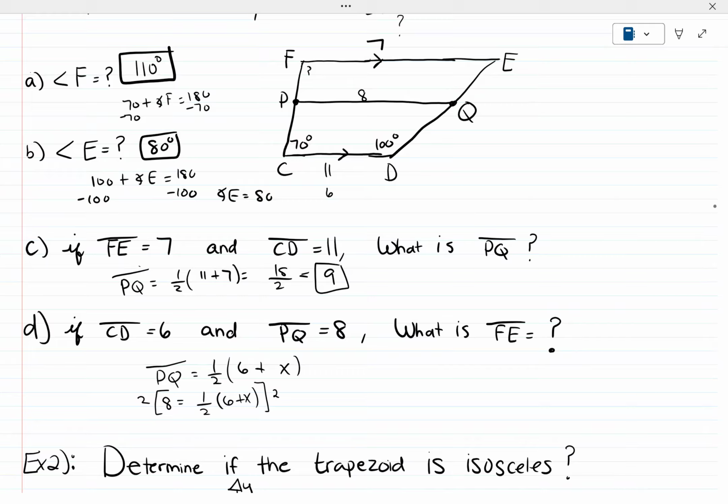So 2 times 8 is 16, equals 6 plus X. Subtract 6: 16 minus 6 is 10. So line segment FE is going to be 10.